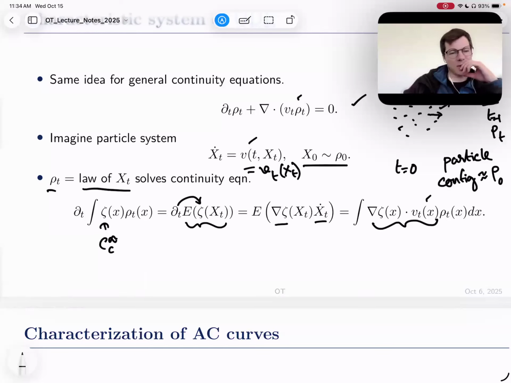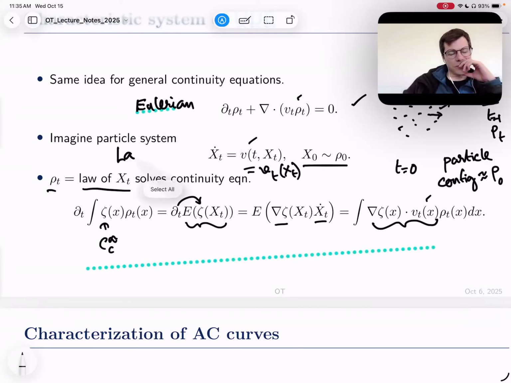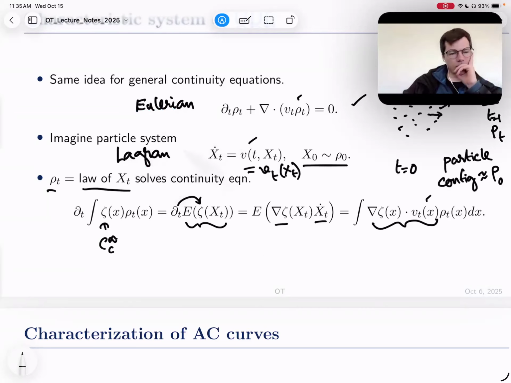It's just two different ways of looking at the solutions of continuity equations, and I'll come back to this point. This is what we call an Eulerian way of looking at things, and this is what is called a Lagrangian way of looking at things. These are two equivalent ways of looking at them.